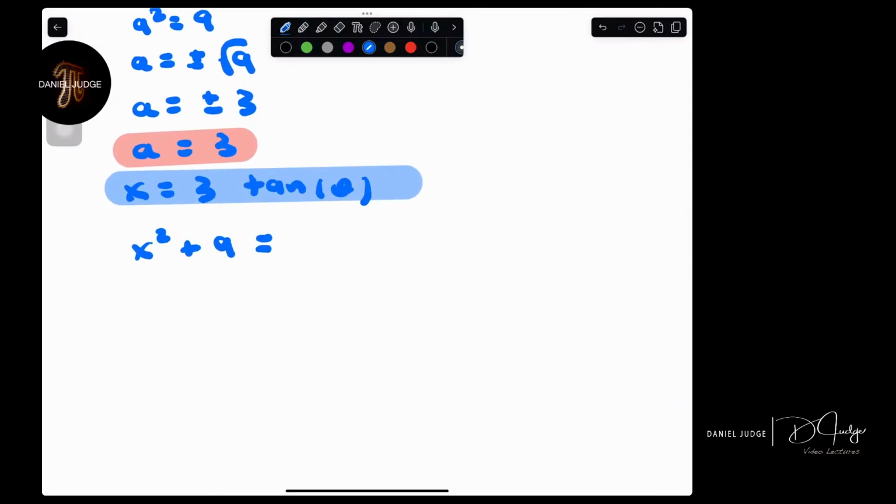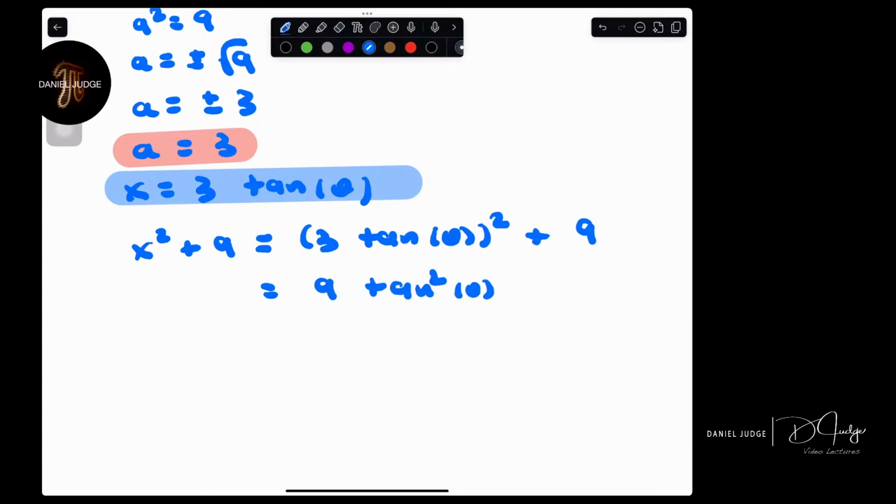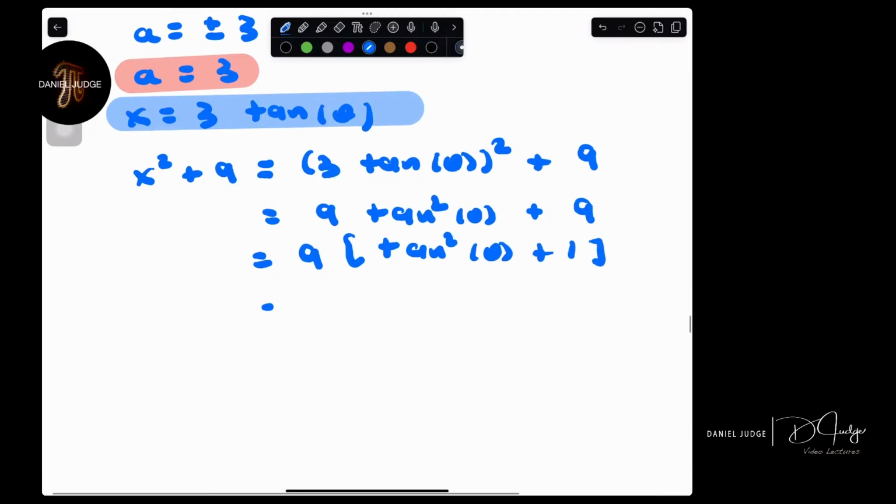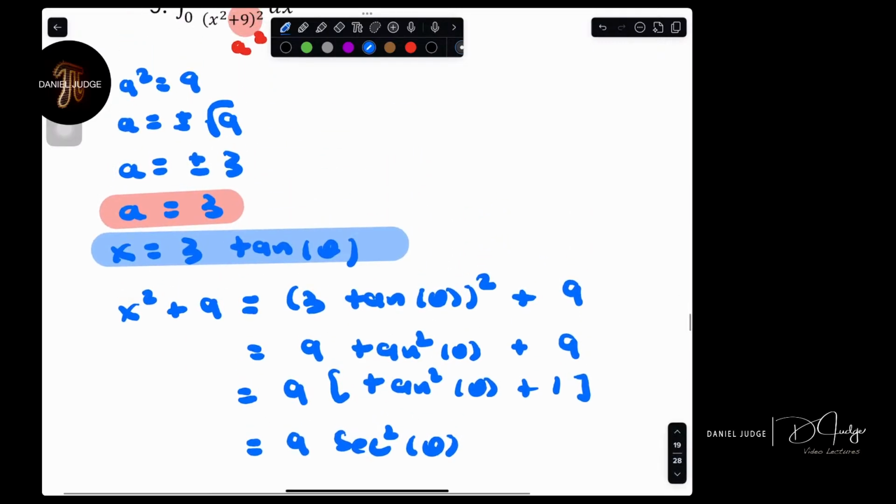Well, you'll get 3 tangent theta squared plus 9, which will give us 9 tangent squared theta plus 9. Factor out the 9, and you'll get tangent squared theta plus 1, or simply 9 secant squared theta.